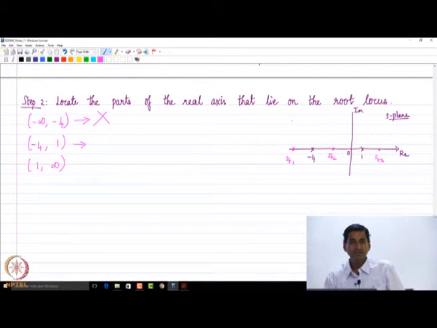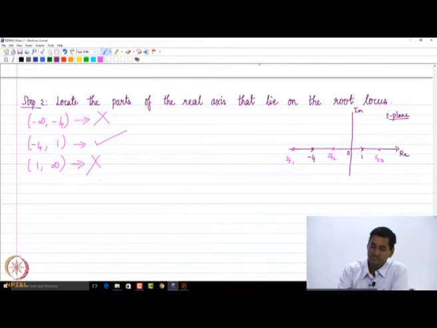Yes. If you take ST2, theta 1 will be 0, theta 2 will be 180. So, this is right. Now, what about 1 to infinity? No, because the angle will be 0, which is not an odd multiple of 180 degrees.